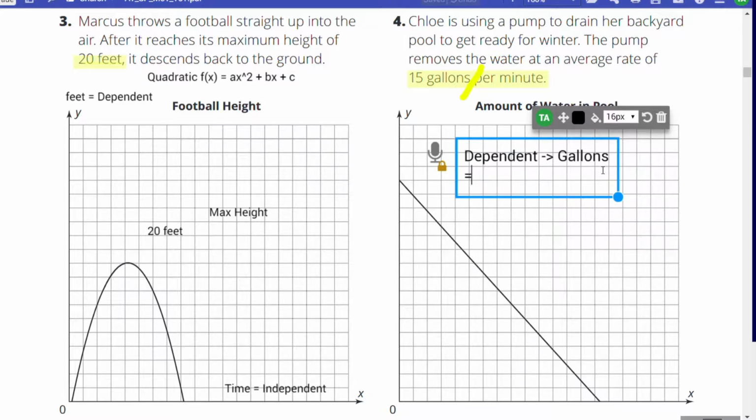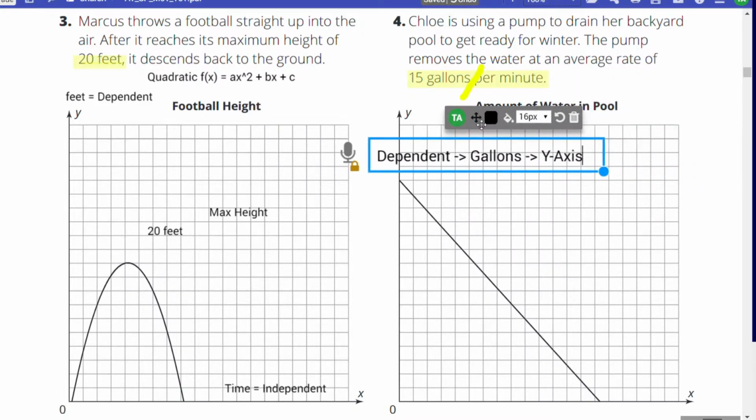I probably shouldn't use an equal sign. Because always our dependent variable is going to be the y-axis, so we got to keep that in mind.